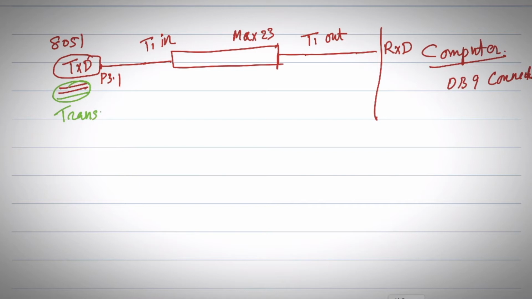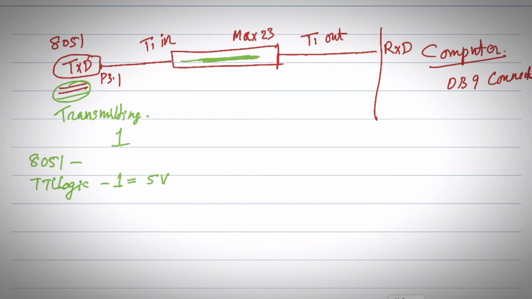Here it is transmitting. Suppose it is transmitting 1. For 8051, it is a TTL logic, and logic 1 is represented by approximately 5 volt. Now that is going to be the input of this MAX232 line driver.